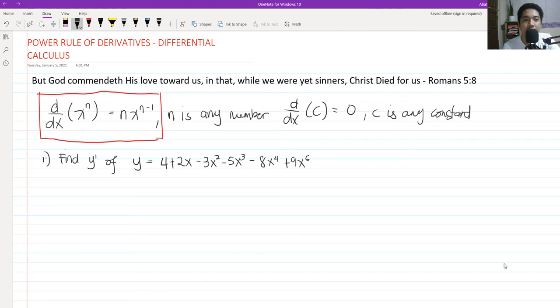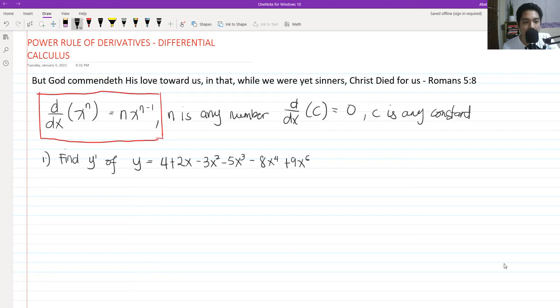So here in our first example, find y prime. That indicates our derivative of the function y equals 4 plus 2x minus 3x squared minus 5x cubed minus 8x raised to 4 plus 9x raised to 5.